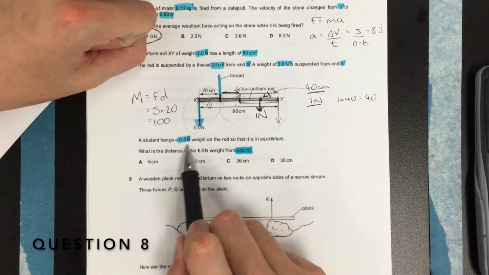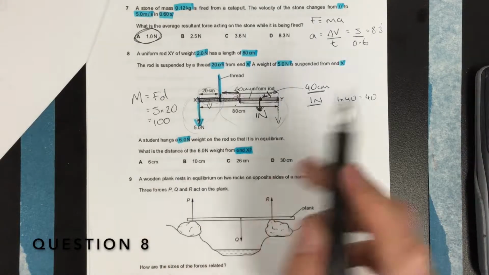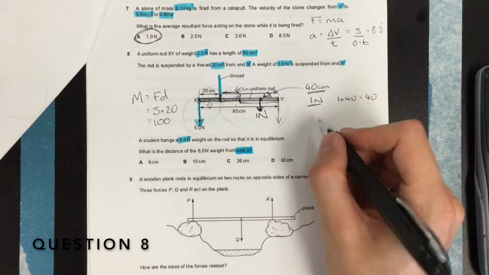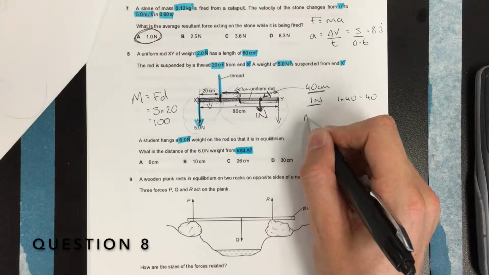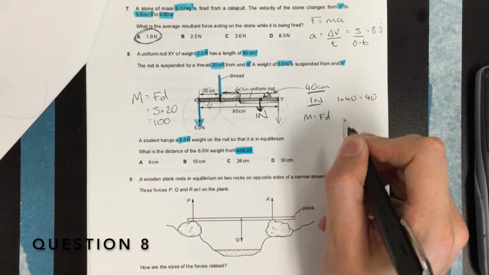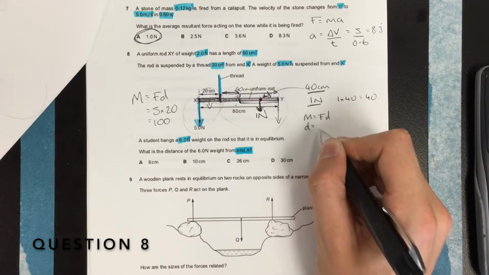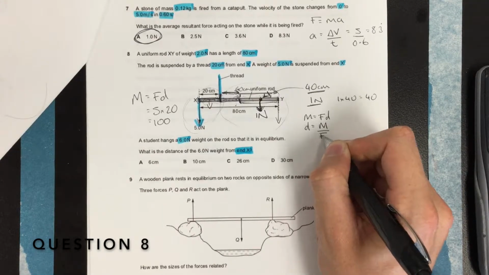I'm going to get that by placing that 6 newton block, or 6 newton weight on it. So let's work out where that needs to go. M equals Fd. So if I rearrange that, the distance is going to be the moment divided by the force.